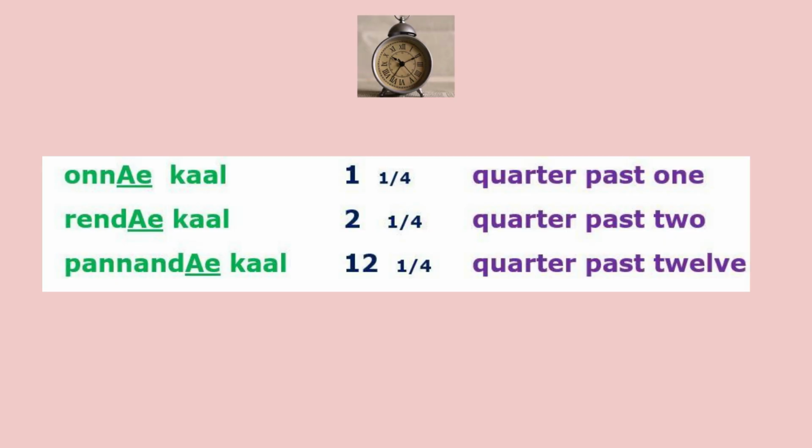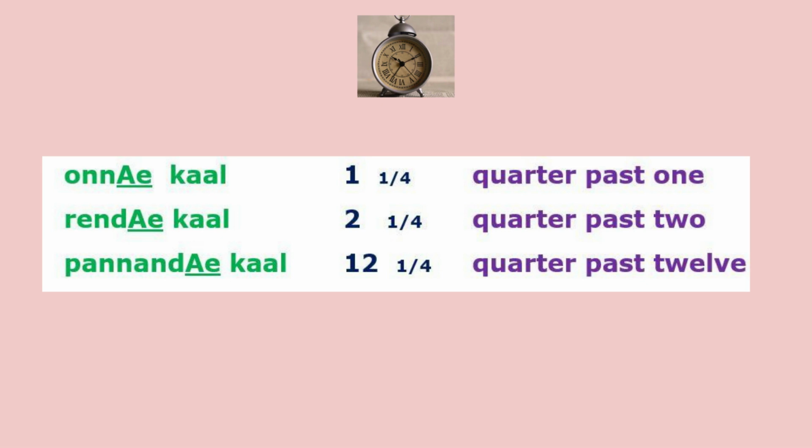Now that we know how to say quarter, half, and three-fourth, let us see one example. Just imagine you want to say quarter past 1. You say one, that is 1. One kal. You don't say one plus quarter. No. You say one kal. Rendu is 2, as you know.